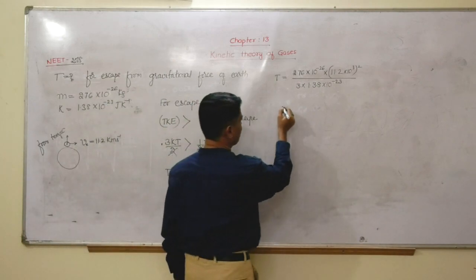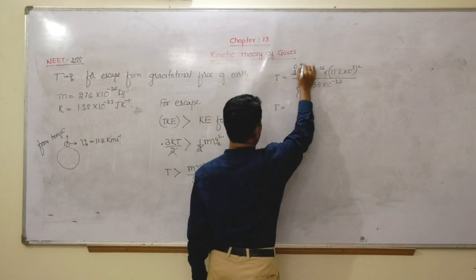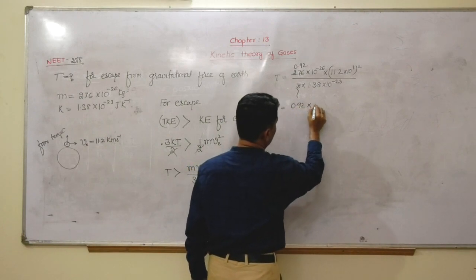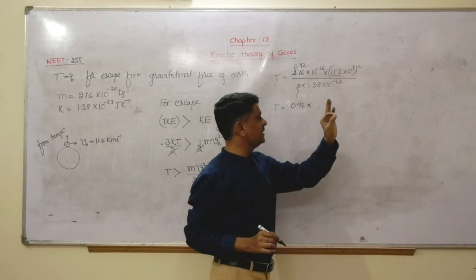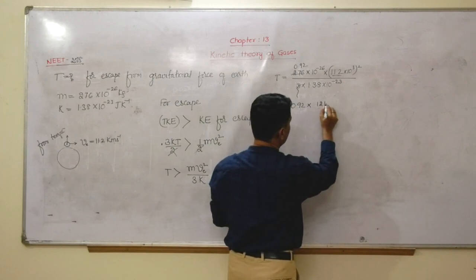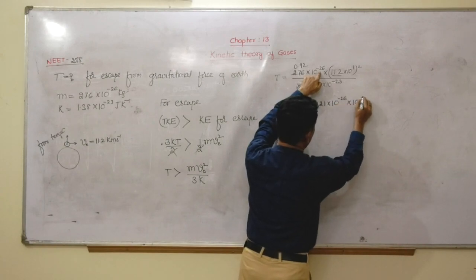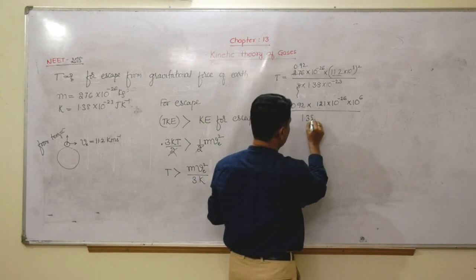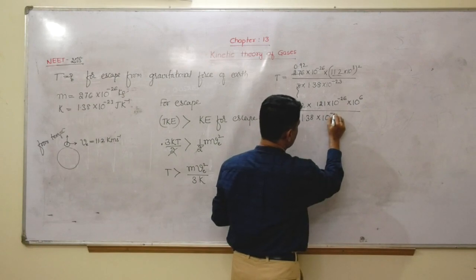Now simplification, see T is equal to 3 ones are 3.92, 0.92 into, see actually I'll approximate the values, 11.2 I will take nearly equal to 11, 11 square is 121 into 10 to the power minus 26, this 10 to the power plus 6 divided by 1.38 into 10 to the power minus 23.